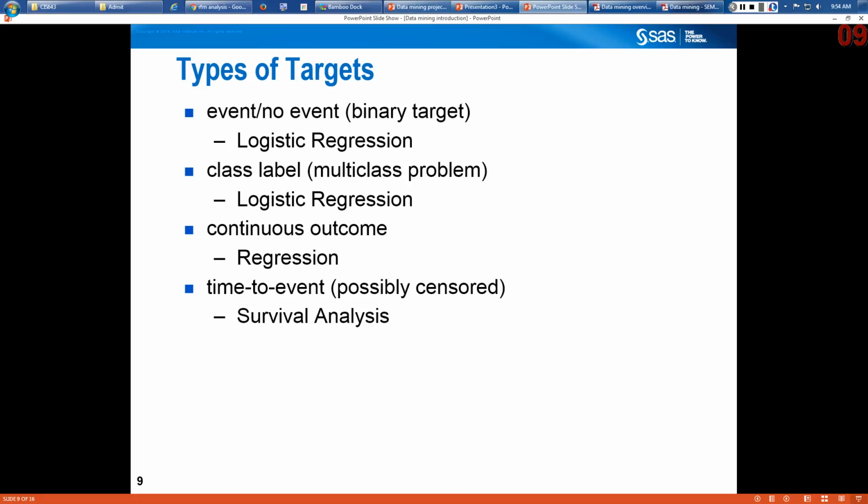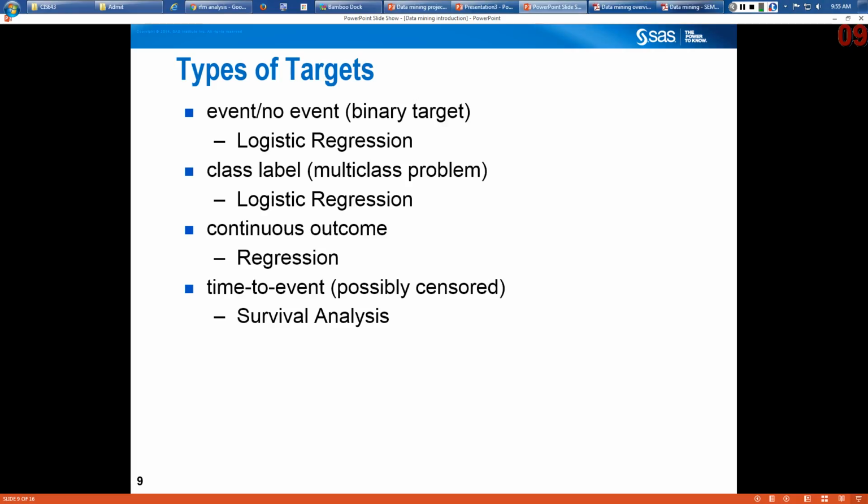When you have a target with multiple categories, not just binary, logistic regression can again be used. If the target variable is a continuous outcome, then you can use straightforward linear regression for that.